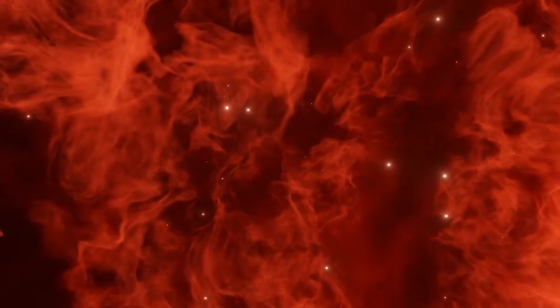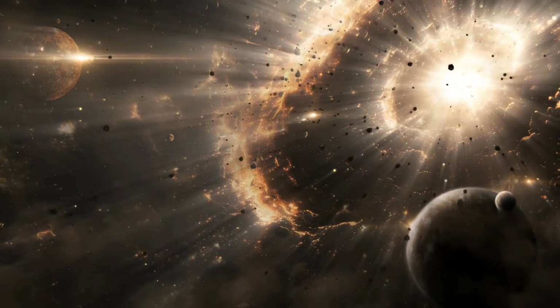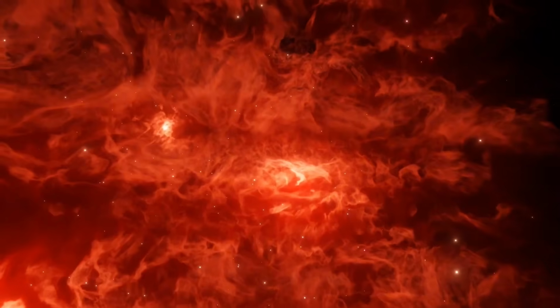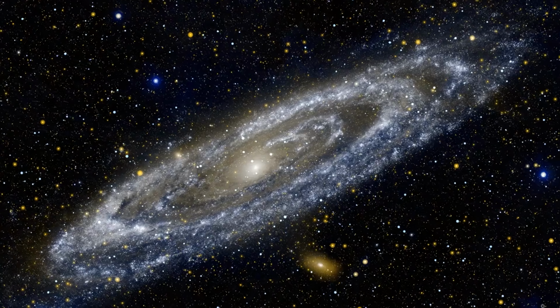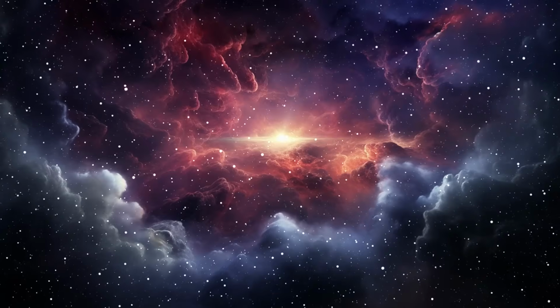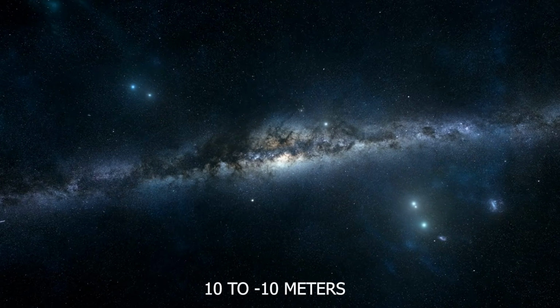A nucleus is made of protons and neutrons packed tightly together in an extremely small volume. The size of this volume is hard to grasp. The typical radius of a nucleus is about 1 femtometer, which is 10 to the minus 15 meters. To understand how small that is, compare it to the size of the whole atom, which is about 10 to the minus 10 meters.